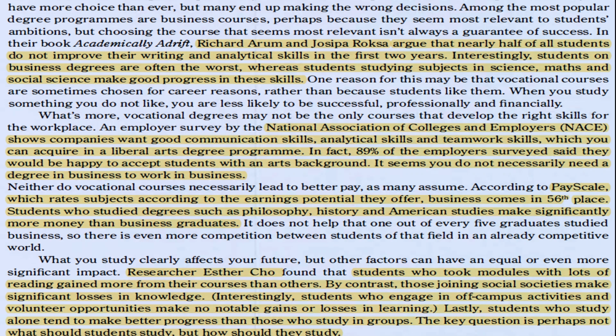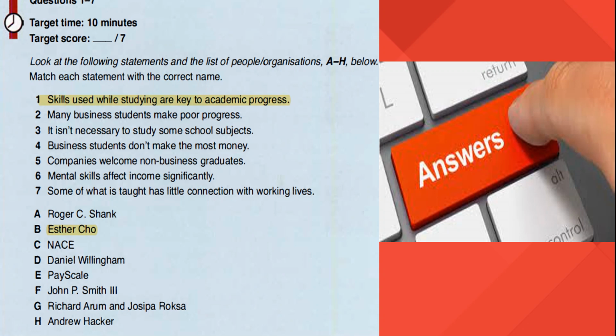Interestingly, students who engage in off-campus activities and volunteer opportunities made no notable gains or losses in learning. Lastly, students who study alone tend to make better progress than those who study in groups. The key question is perhaps not what should students study, but how should they study?